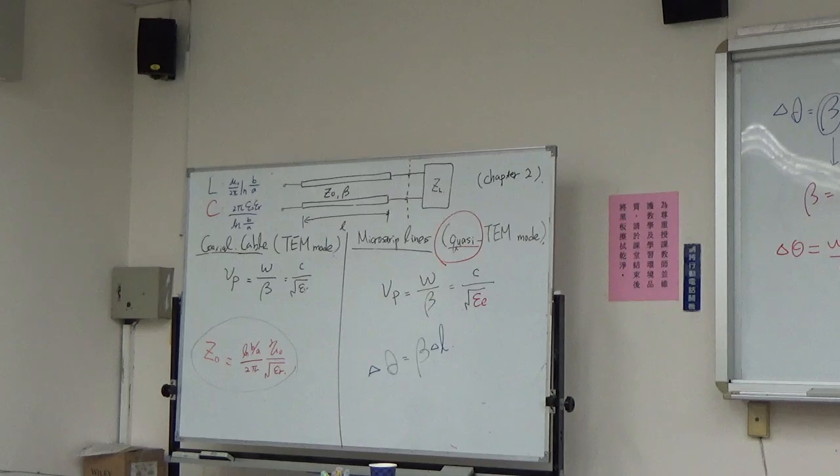If your W over D is larger than 1, it's a wider width, the width is very wide compared to the thickness, you use another equation. Okay?